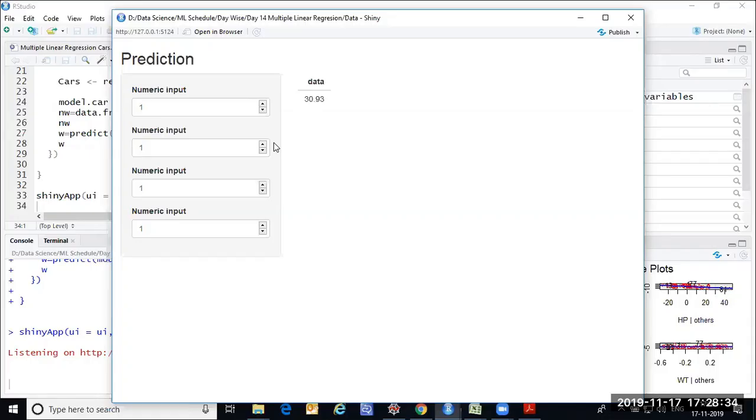If the business team wants to check what would be the predicted value of mileage if one of the variables is changed, then accordingly your output variable, the predicted value, would change as per the equation, right?